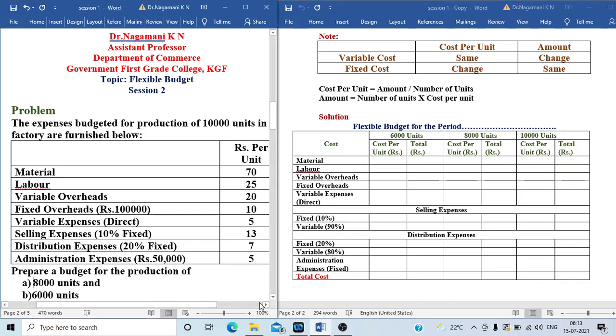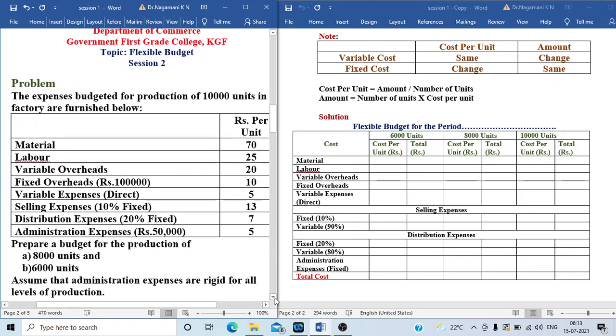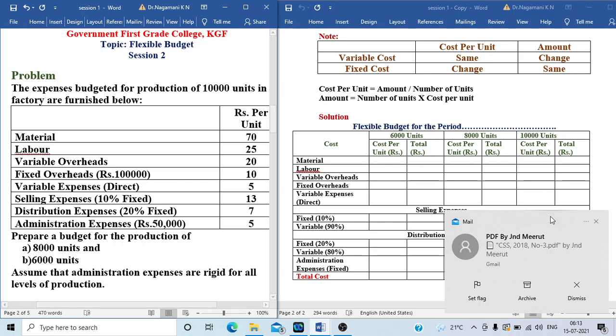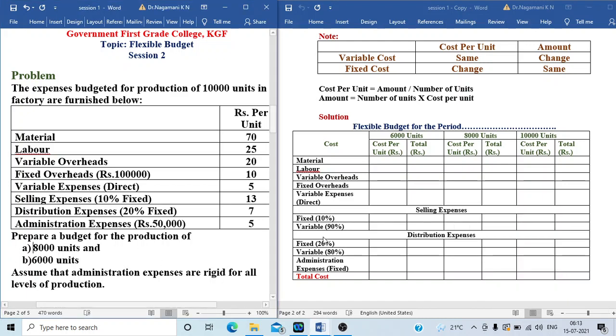Then prepare a flexible budget for the production of 8,000 units and 6,000 units. Assume that administrative expenses are rigid for all levels of production. Means if the production increases or decreases, administration expenses will remain same.